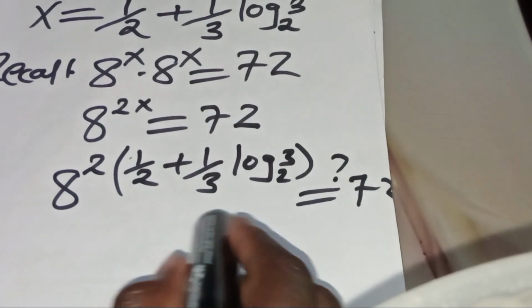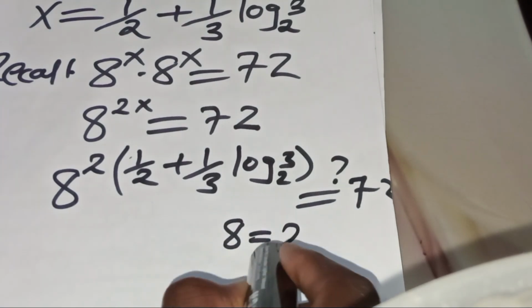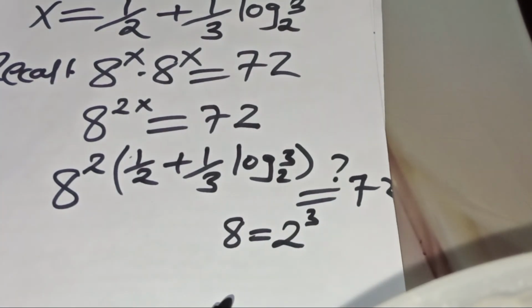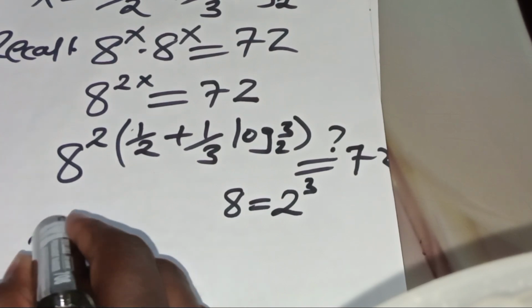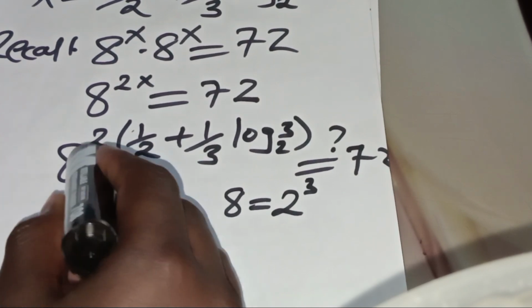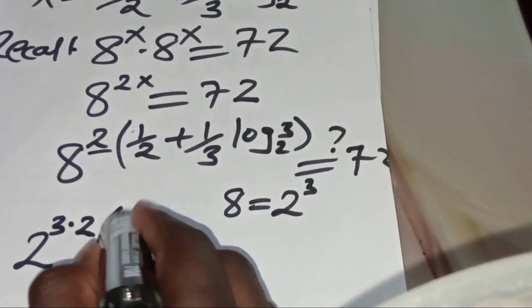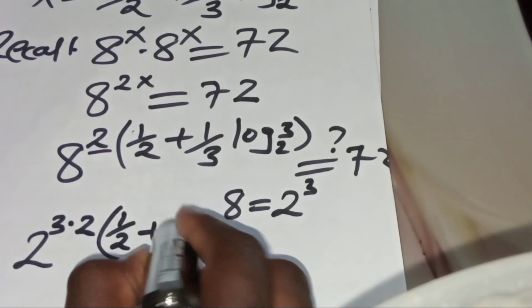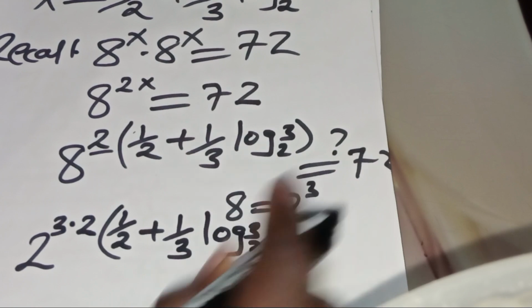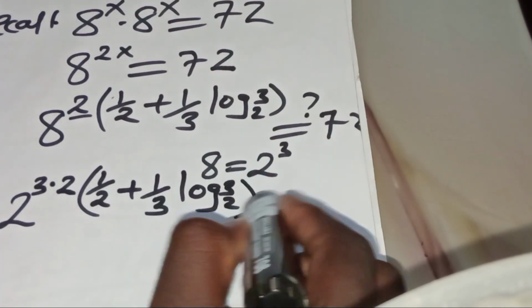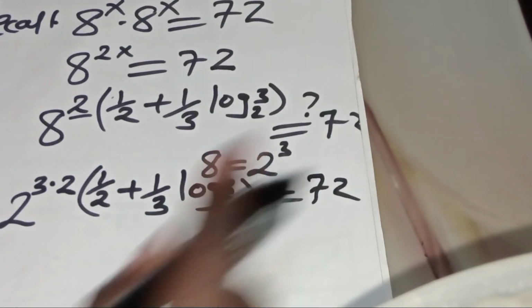Now, we can express 8 basically as 2 to the power 3. Let's substitute this. This is the same thing as 2 to the power 3 times 2, into the parentheses, half plus a third log 3 to base 2, and this should give us a value of 72.